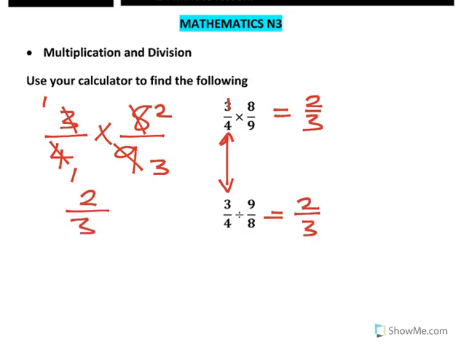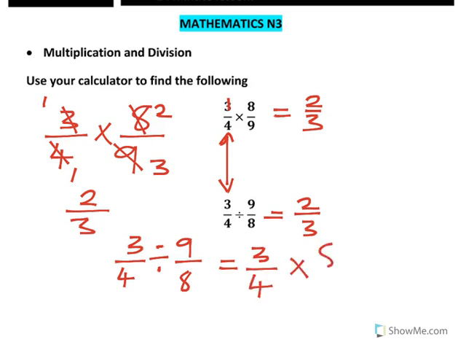If they say divide, you have 3 over 4 divided by 9 over 8. You can't do anything like this, but you have to change it into a multiplication sign, which is 3 over 4 times 8 over 9, which is now similar to the previous example that we just did.